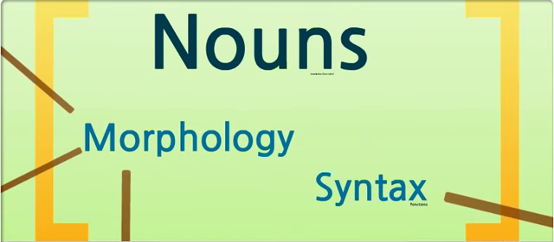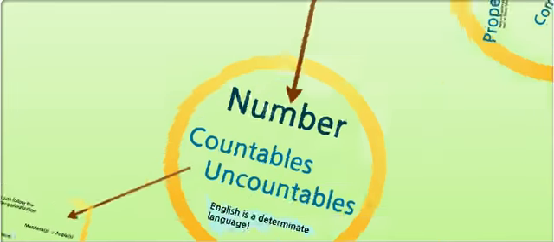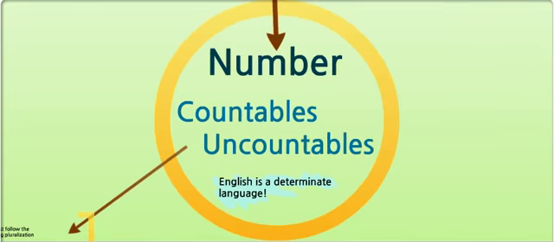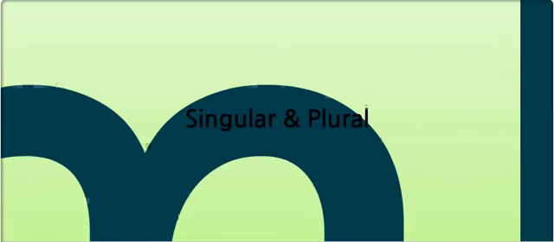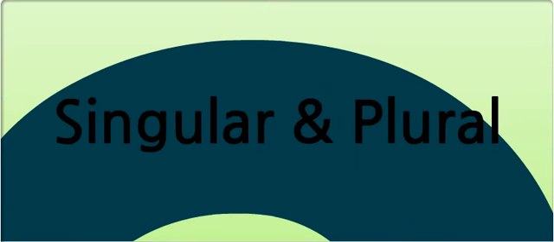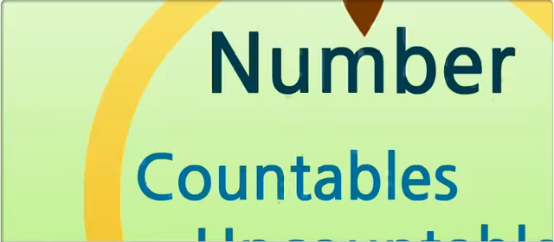Going back to morphology, it brings us number, the number of nouns. We can say that nouns are divided into countable and uncountable nouns, and of course singular and plural, but this is not the most important thing.